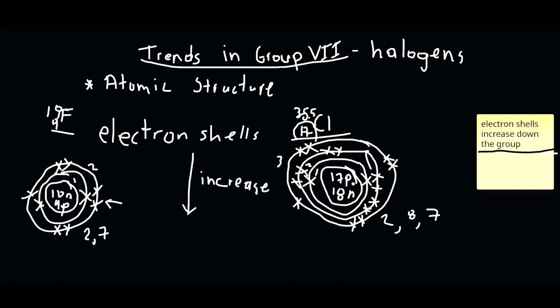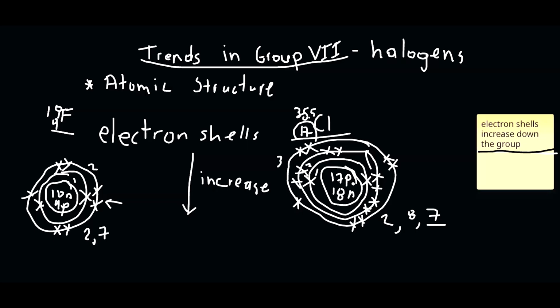Therefore, we quickly confirm that again, which we did previously. We have 2, 7 on that outer shell, and we also have 2, 8, 7. So they indeed have 7 on the outer shell.